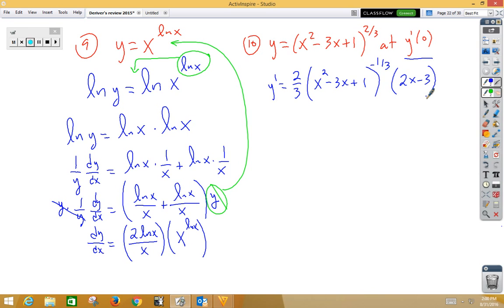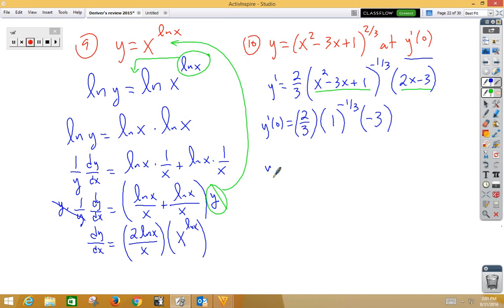Well, at this point, let's plug in a 0 and see what happens. We have y prime of 0 is equal to 2/3 multiplied by, if I plug in a 0 for my x's here, I get 1 to the negative 1/3 power. If I plug in my 0 over in the last term, I get a negative 3.